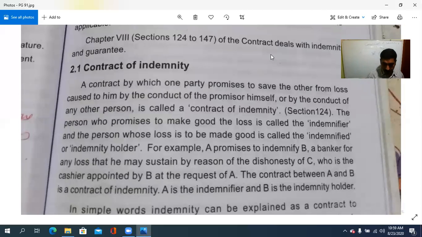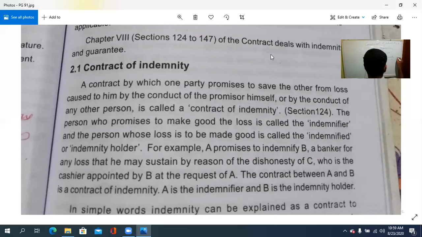A contract of indemnity. The first one is the contract of indemnity. What is a contract of indemnity? A contract by which one party promises to save the other from the loss caused to him by the conduct of the promisor himself or by the conduct of any other person is a contract of indemnity.